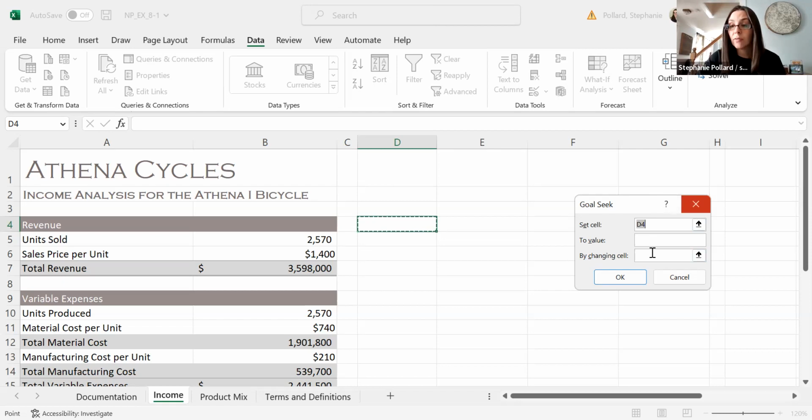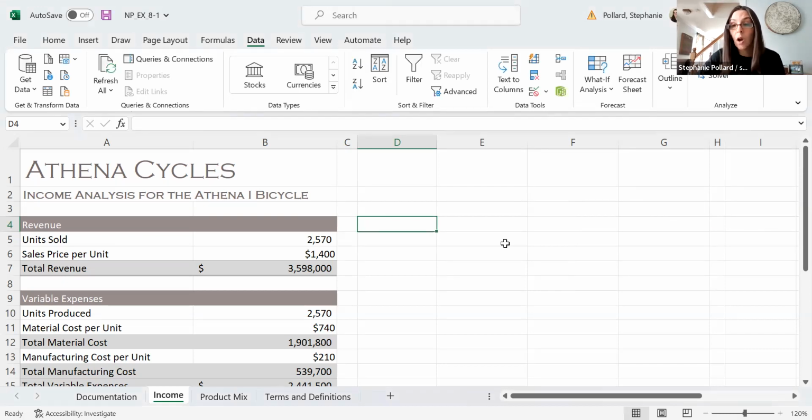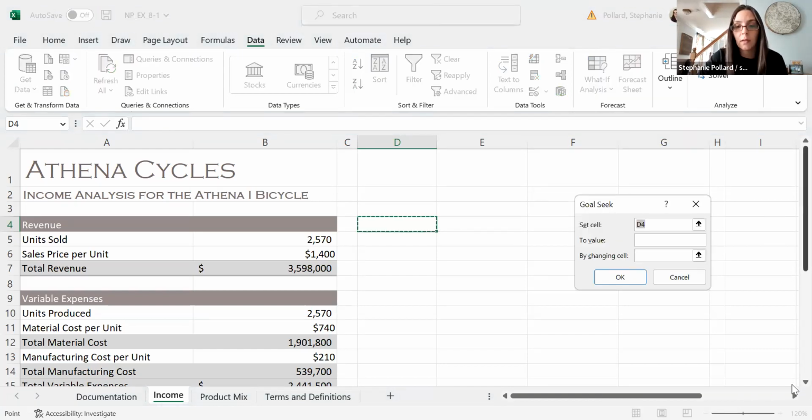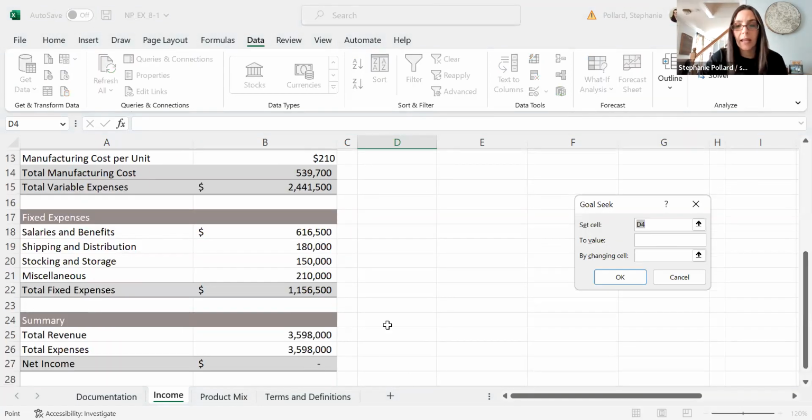Now you could also use this for different features, right? If you don't want an income of 0, you could set it to anything you want. So you could say, how many units do I have to sell in order to get a profit of, I don't know, 500,000? Or 200,000? We can really ask any question we want. So again, we're looking for that net income.